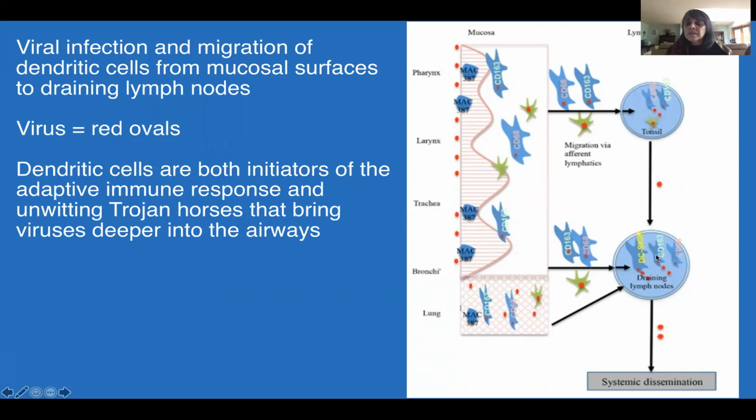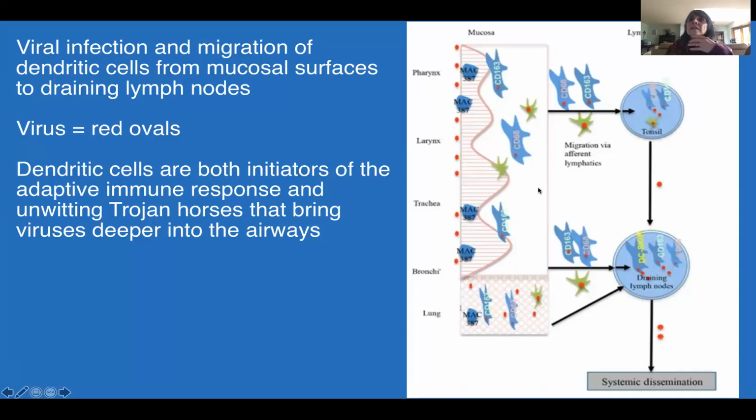But the problem is that if the virus can replicate there, then that virus itself, just by coughing and all of the other distress that you're experiencing while you're infected, can drain, not necessarily being carried deep into the lung by the dendritic cells, but can seep down into the lungs.